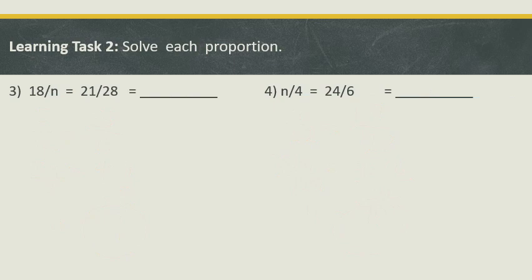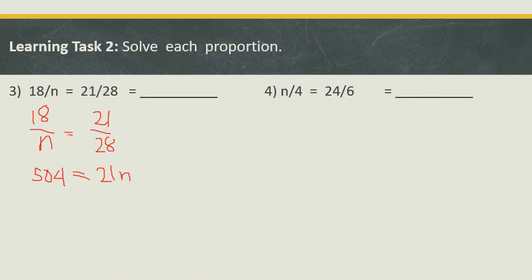Then, number 3, so we have 18 is to n as 21 is to 28. So, 18 times 28 is 504. Then, n times 21 is 21n.